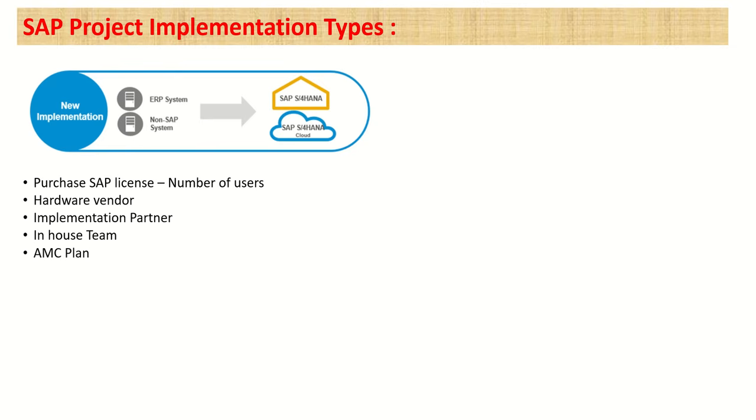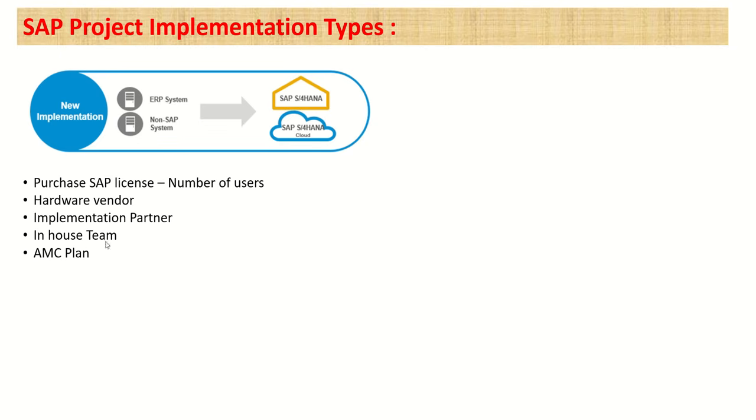Many companies are there. So if Reliance wants to implement SAP, they will coordinate with the implementation partner for the further activities. The implementation partner does all the required activity for that implementation. I'm not going into the detailed steps of implementation. At a higher level, they have to hire an implementation partner who will do all the implementation activity for that company.